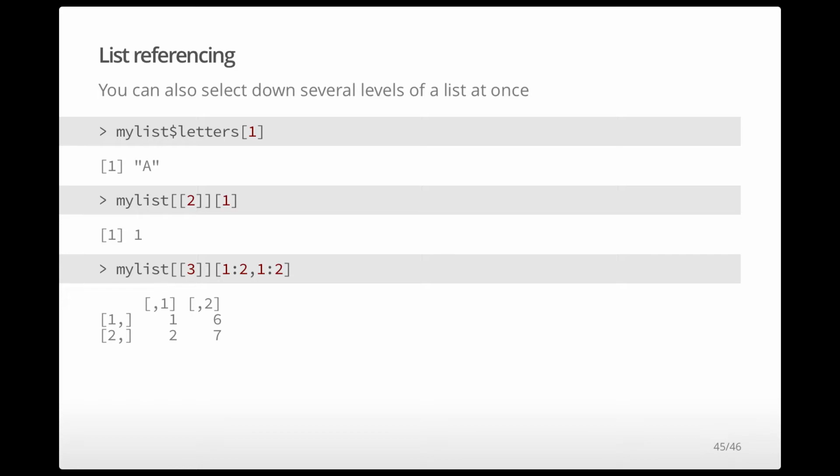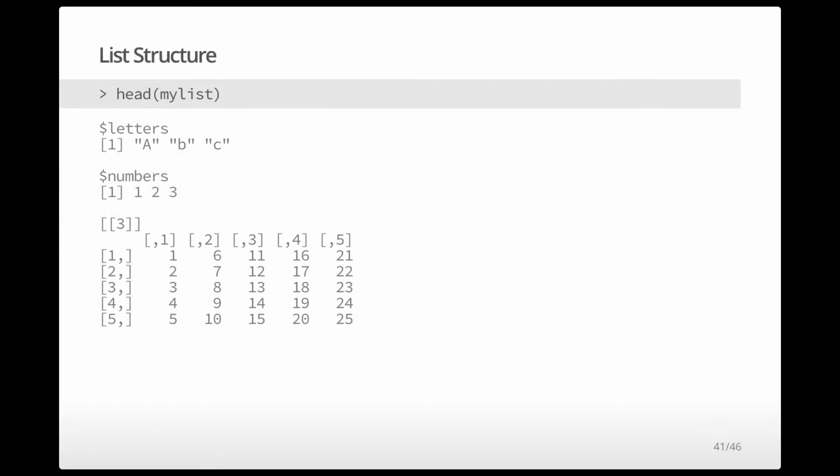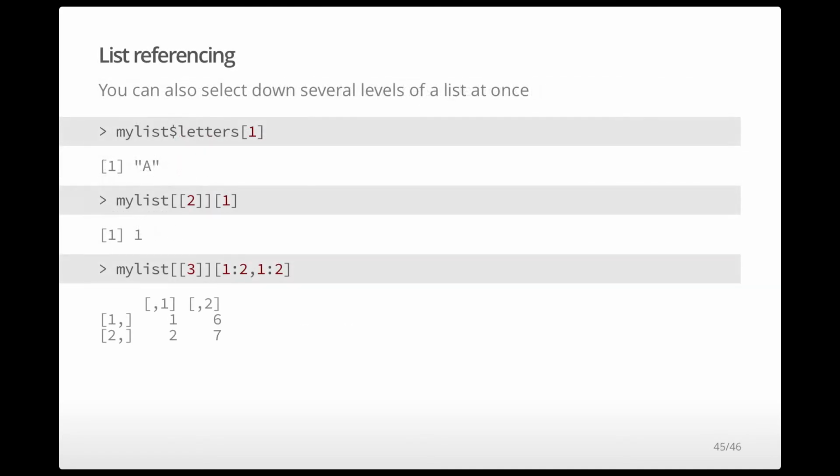Yeah, so for example here, we're grabbing the second element. Remember, it was just that numeric vector. Let me go back really quickly. The second thing is numbers, 1, 2, 3. That's the second element of this list. If we do this, it's going to grab those numbers and grab the very first element out of that vector, and that number is 1. Here, we grab the third thing, which was that matrix, and we grab the first 2 rows and the first 2 columns.